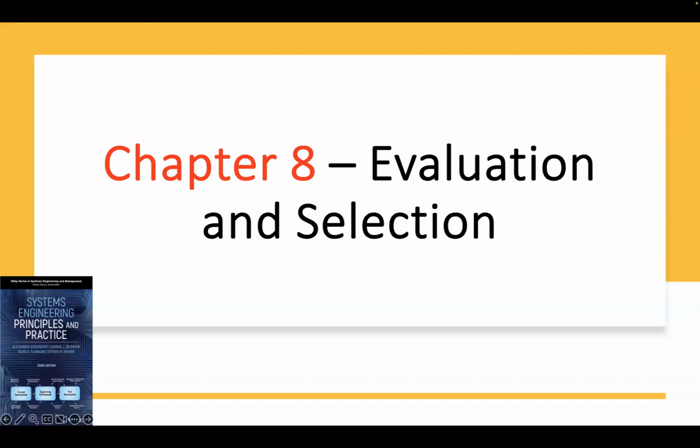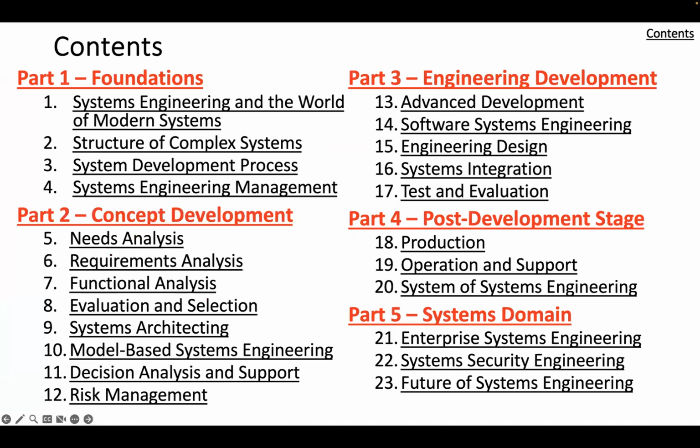Well, welcome back to our course on system engineering. We're going to be talking about evaluation and selection. Just to give some context, let's go back to our content slide to give some perspective. We had our initial introduction. Now we're working our way through the first of three major areas. First, we need to be doing the concept development.